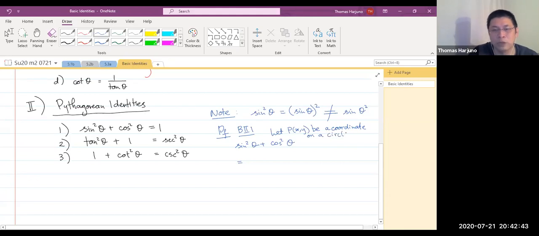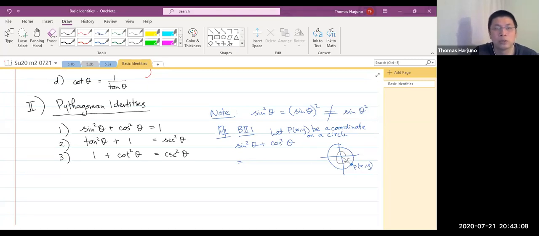It doesn't have to be unit. So you have a circle, right, coordinate system, and let's say our P is here. This is our P(x, y). Now, of course, this will be the radius.